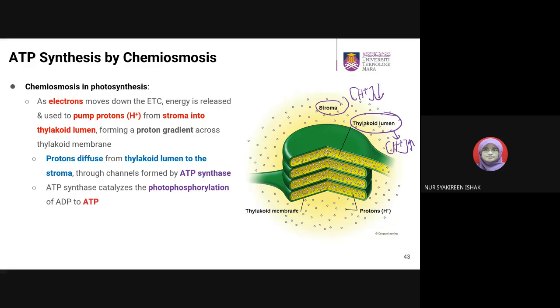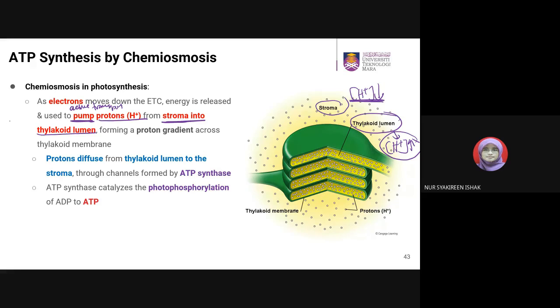Okay, so as electron moves down ETC, energy is released and used to pump. Kenapa pump? Dia adalah jenis active transport. Okay, pump protons, which is hydrogen ion, from stroma. Nampak stroma concentration of hydrogen ion is low, into thylakoid lumen, which is high concentration of hydrogen ion.